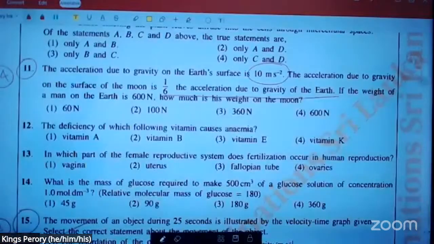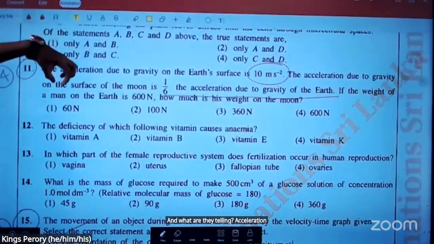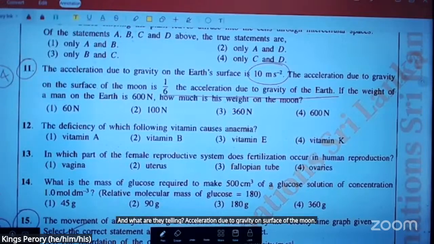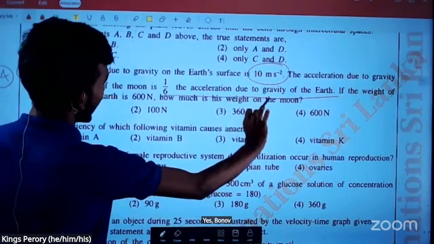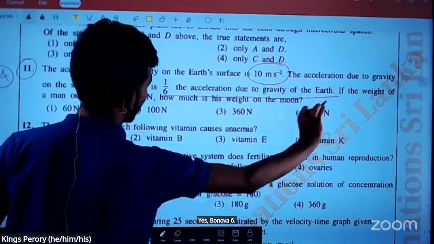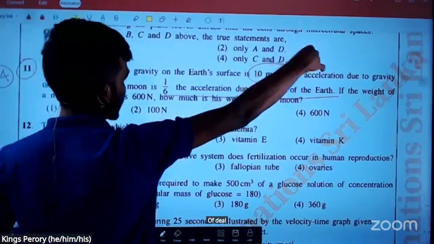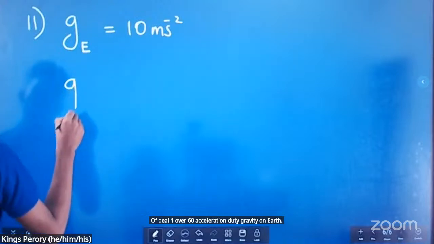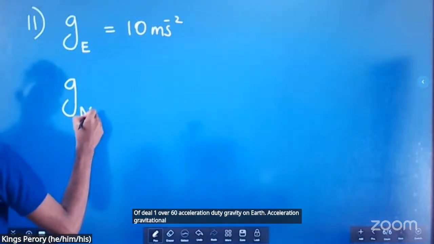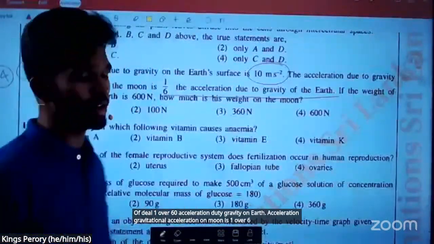And what are they telling? Acceleration due to gravity on the surface of the Moon is 1 over 6th the acceleration due to gravity on Earth.